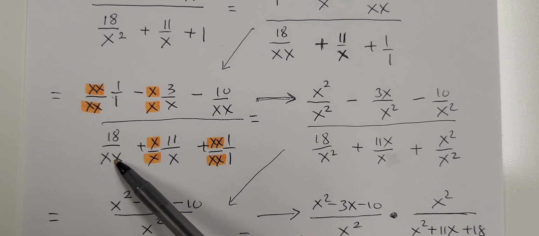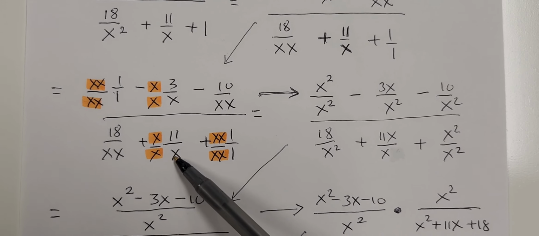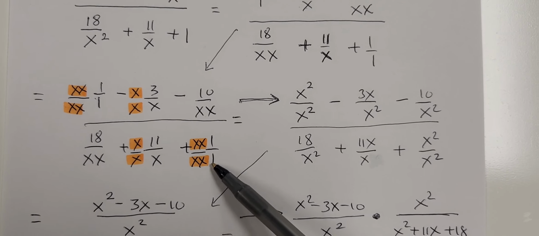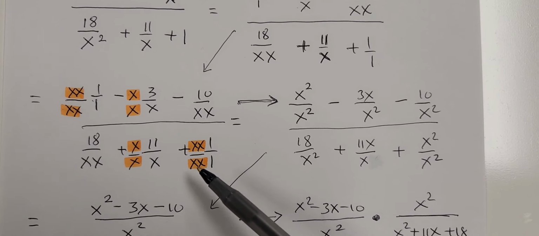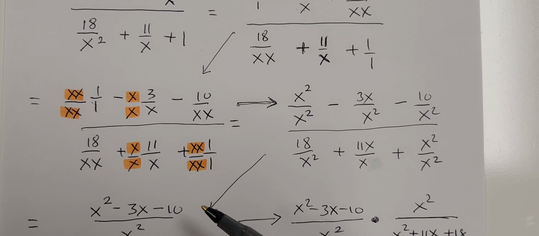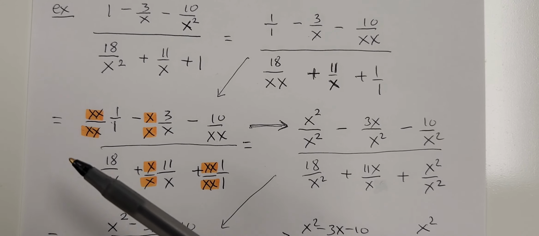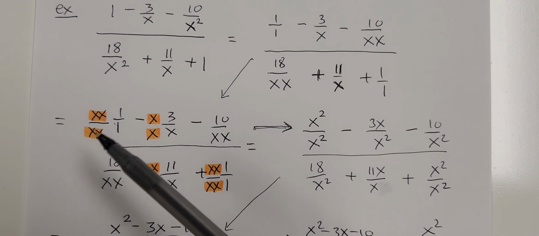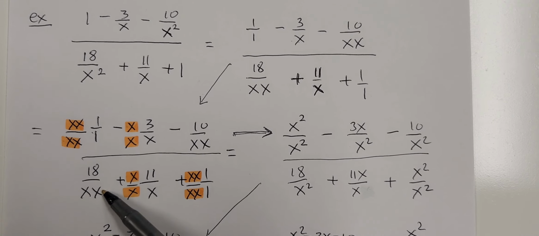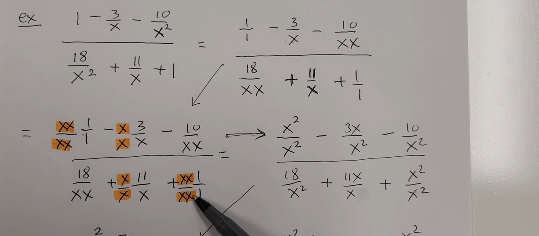Here there are 2 x's. I already have 1 x, so I need 1 more so I can make 2. Over here there are no x's, so I put 2 x's so that the denominators are the same. Okay, so I'm using all the factors so that I can get the same denominator for the top and the same denominator for the bottom as well.